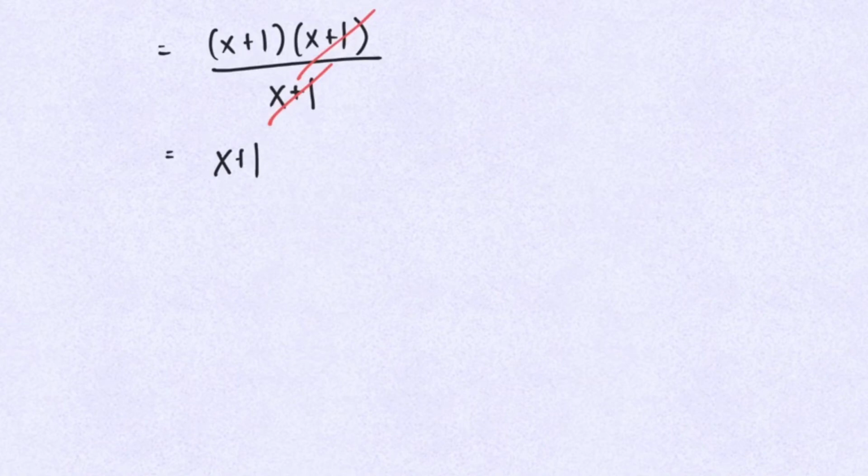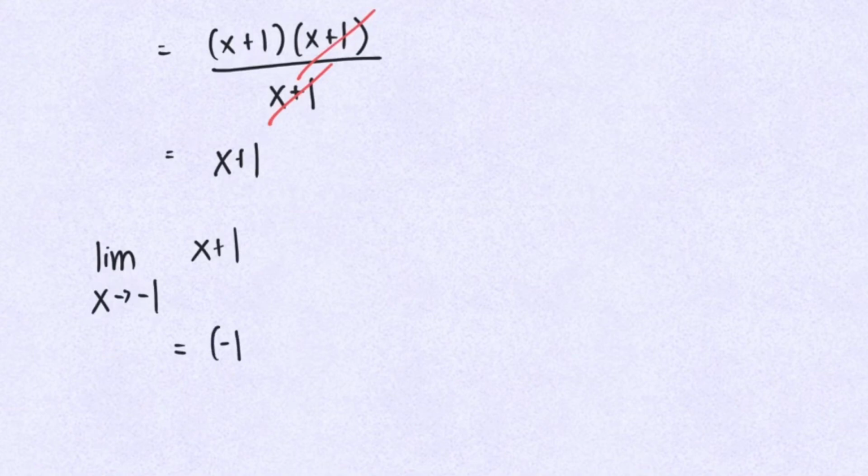In the third step, we will reevaluate the limit by using this equation, the one that we just answered. So we will now write it as the limit of x plus 1 as x approaches negative 1. We will substitute again. So the answer will be negative 1 plus 1, and negative 1 plus 1 is equal to 0.